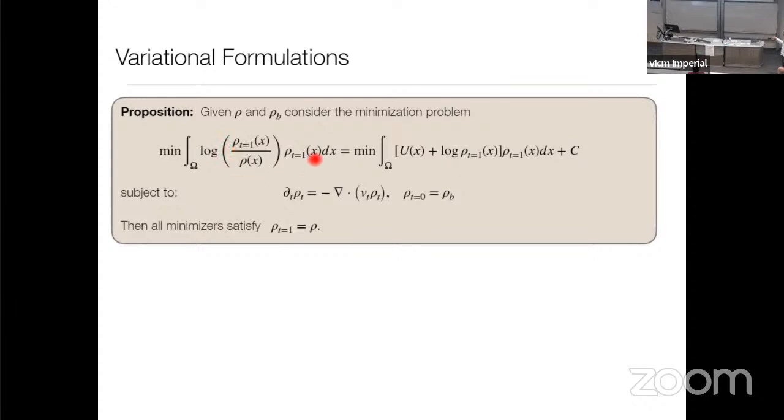And then you realize that there is a little identity, namely that if you expand the log, the normalization factor of the target that you don't know goes into a constant term that doesn't depend on the distribution that you're trying to optimize upon. And so you end up having a variational formulation where you simply say, you want to minimize this objective function subject to the fact that you're transporting the density from the base towards this target. And this is a double minimization subject to this constraint over the rho t and the vt.